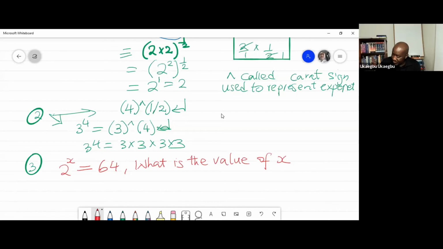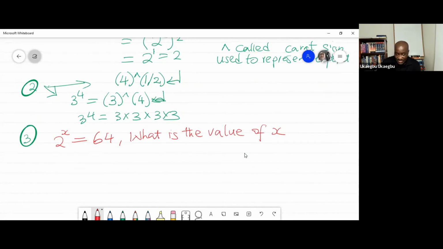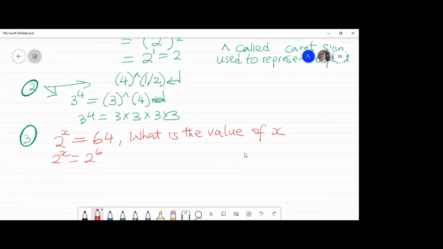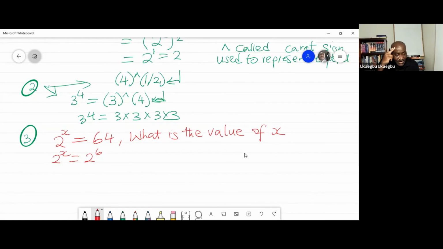Let me write down what you said: 2 raised to power x is equal to 2 raised to power 6. And the answer is 6 because earlier you had said if the base is equal, the exponent is equal. All right, thank you.